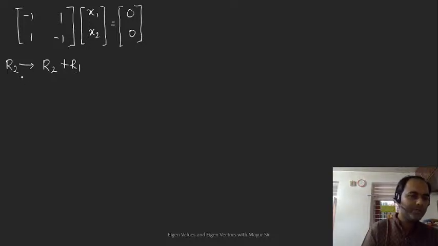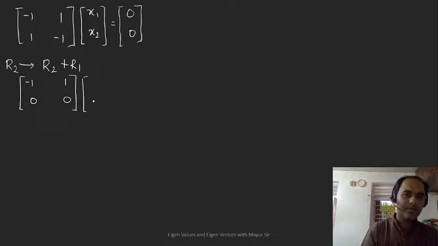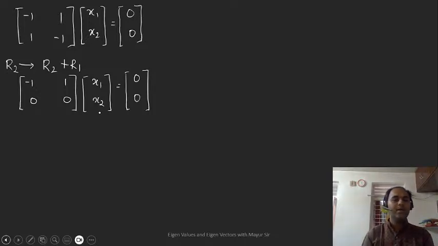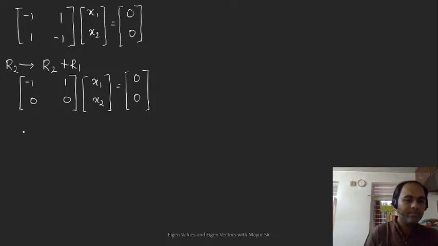When we do this, we'll get minus 1 1, 0 0, times x1 x2, equal to 0 0. Okay, this is what we get. Now perform the multiplication. There is minus x1 plus x2.